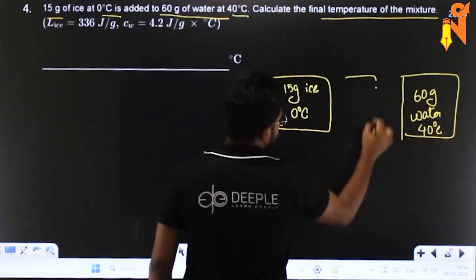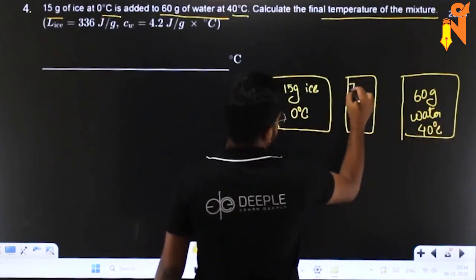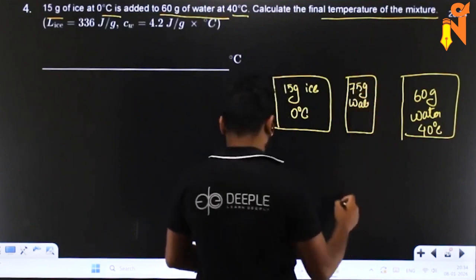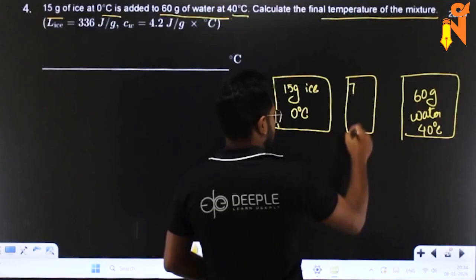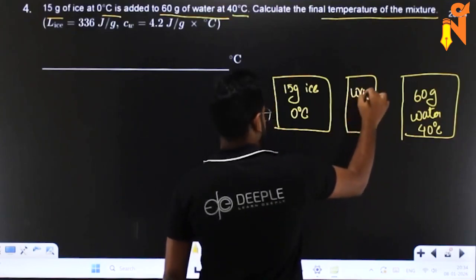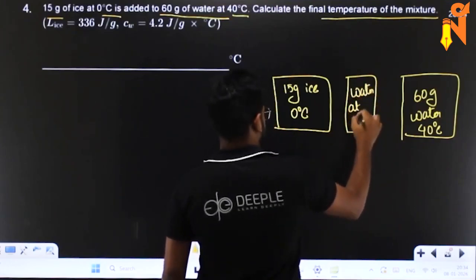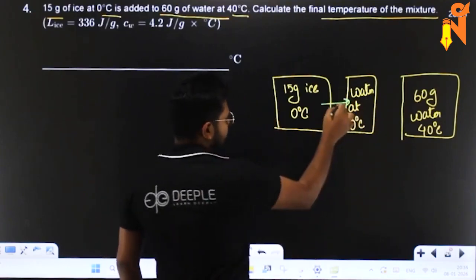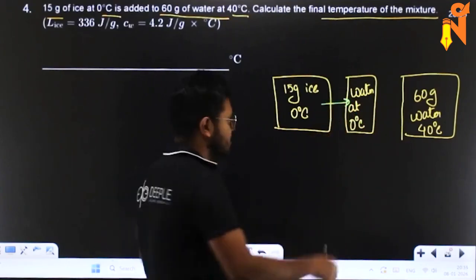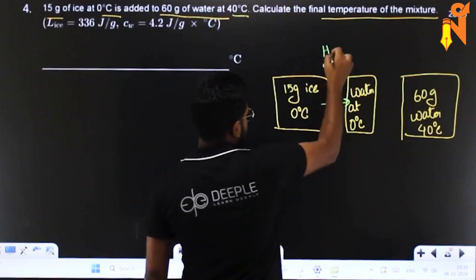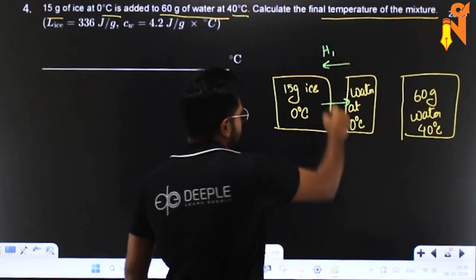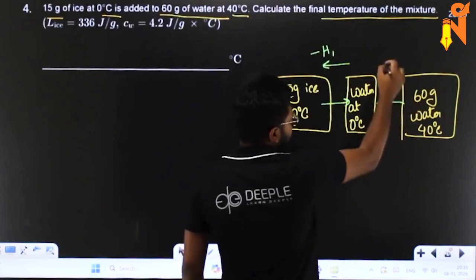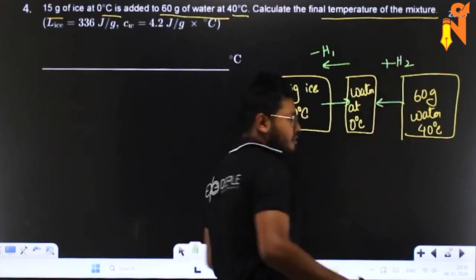Now I will look at the middle portion, which is 75 gram water at 0 degree centigrade. For the ice to come here, it will snatch heat H1, so I can write minus H1. And for the water to come here, it will release heat H2.